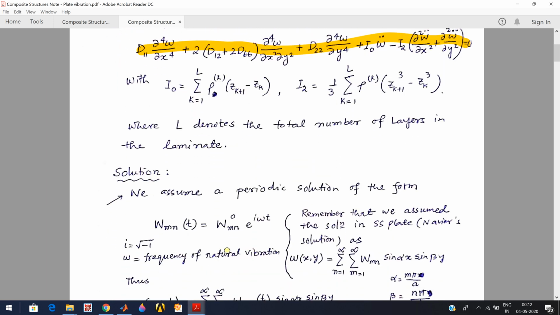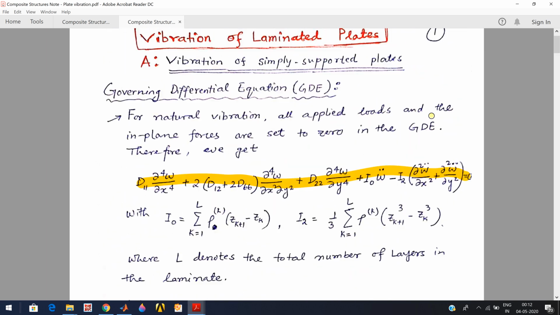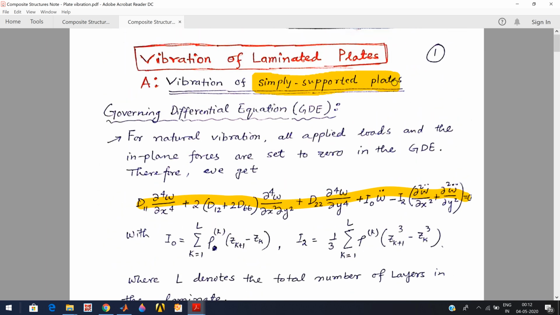And now we'll discuss how we can solve this governing differential equation for two kinds of plate boundary conditions. The first one will be simply supported plates, for which we have the Navier method.